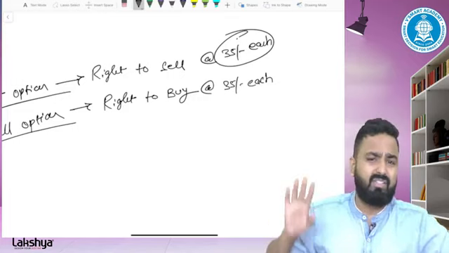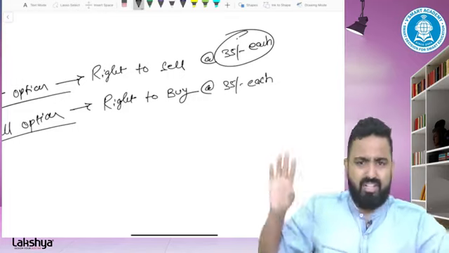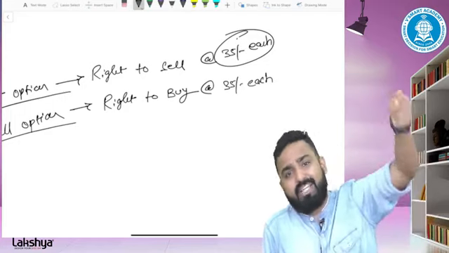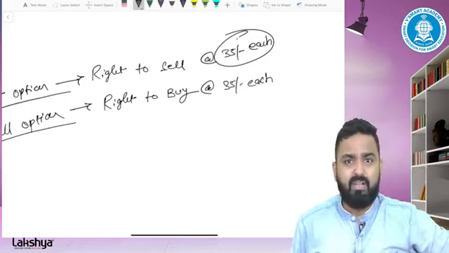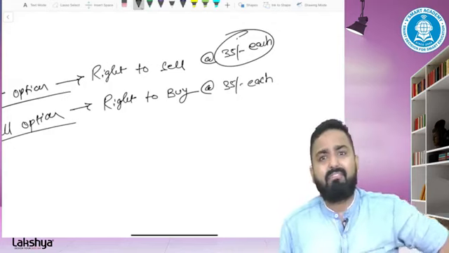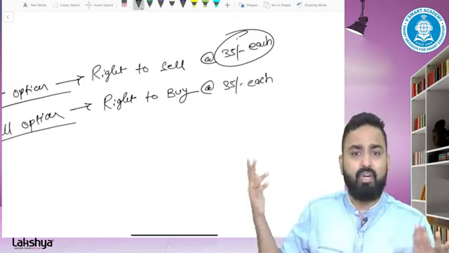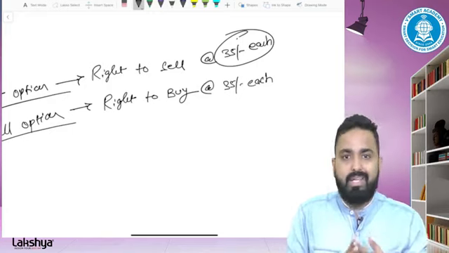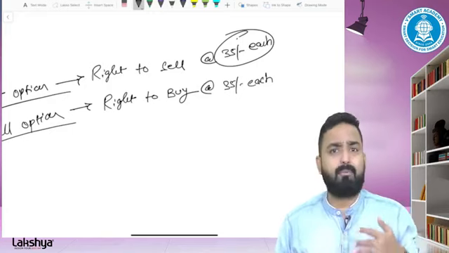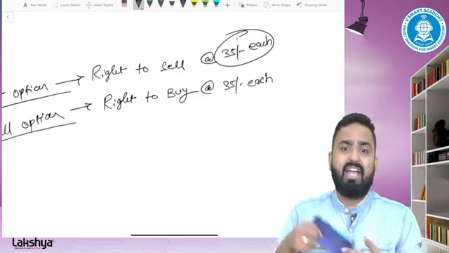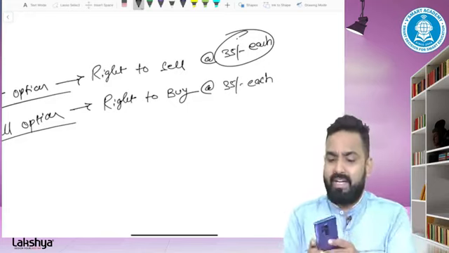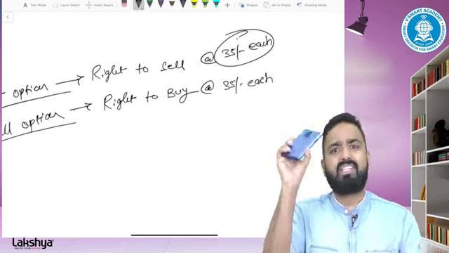You will avail this option obviously when the market price is much more than 35, and then you may purchase the share directly from the company. So basically, now instead of share, can we take the example of a mobile phone? Suppose it is a mobile phone and it costs something around 60,000.